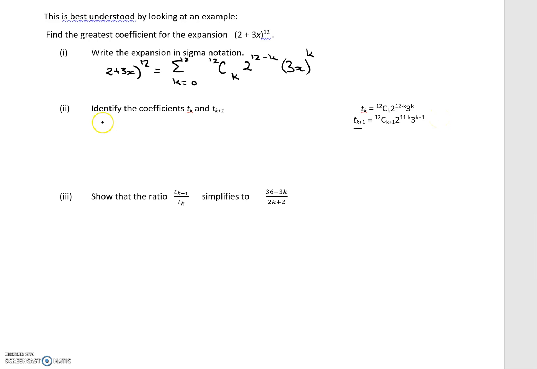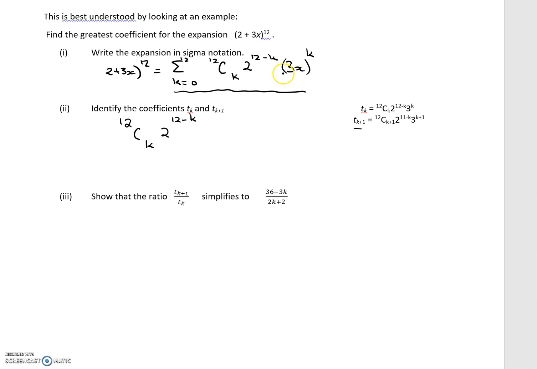Okay, so we go back to here and we're substituting k as k. So we know that we want 12Ck, 2 to the 12 minus k.